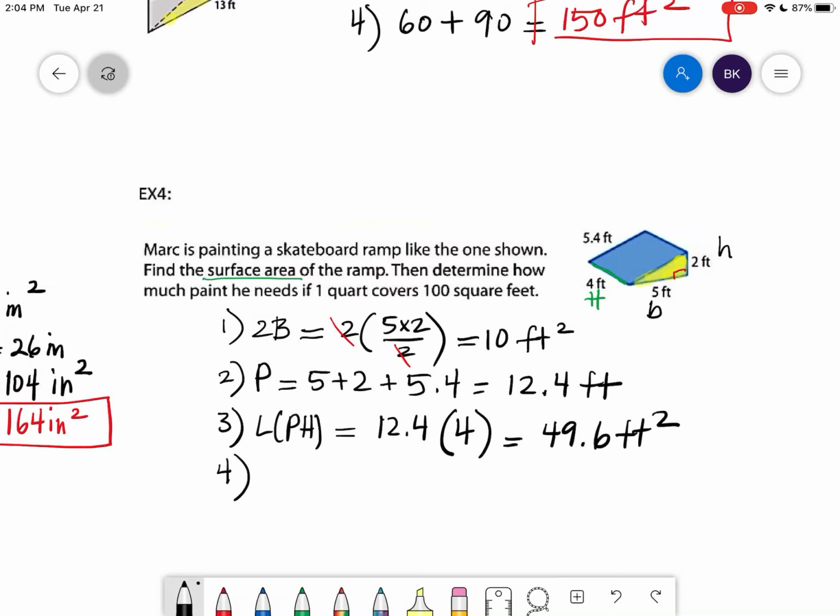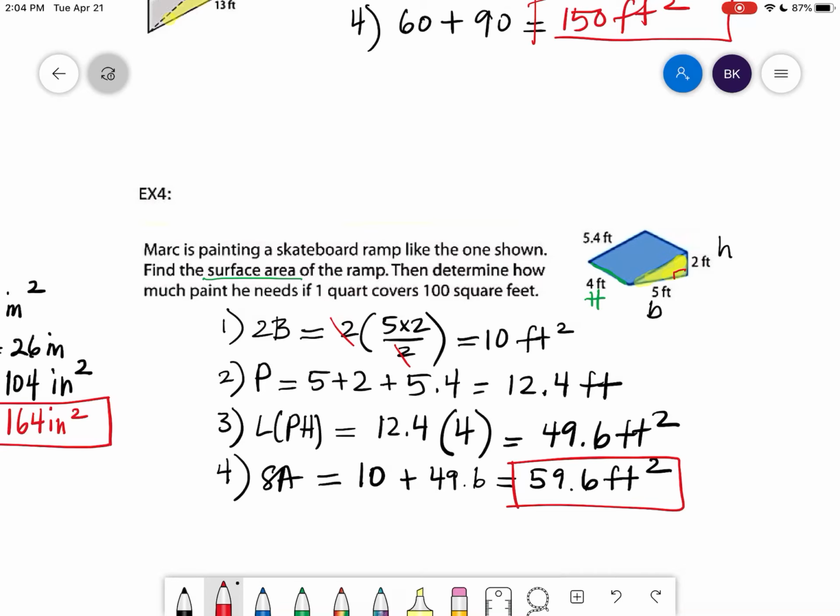And finally, surface area equals, we're going to add 10 plus 49.6, and that should be 59.6 feet squared, your surface area of the ramp.